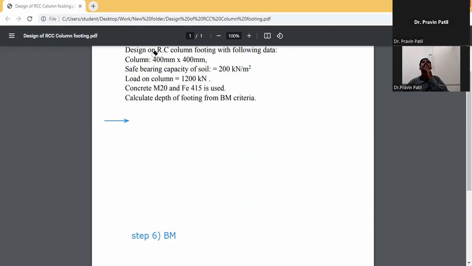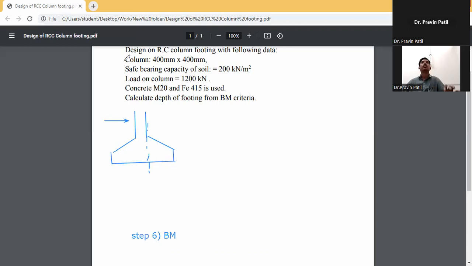Actually, the footing acts as a cantilever action. Cantilever action, so this one is fixed.